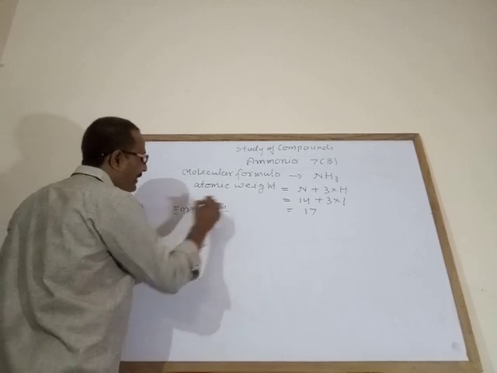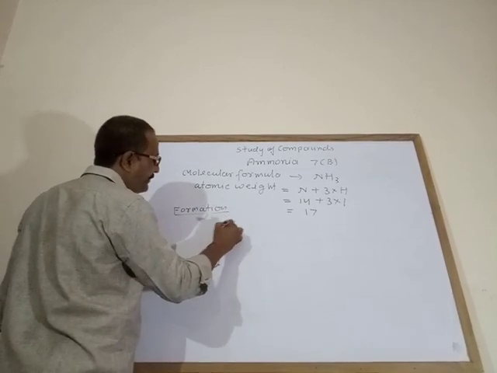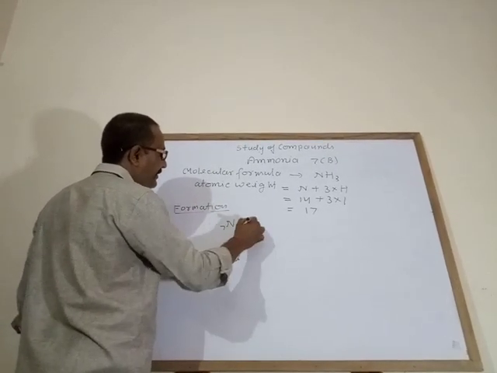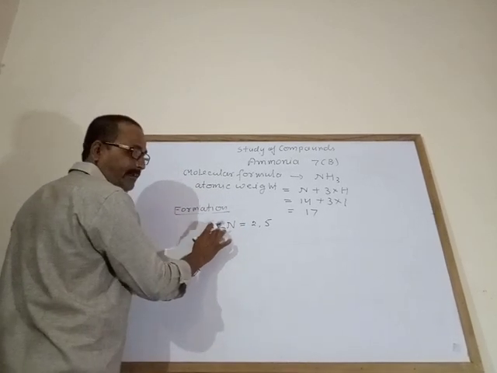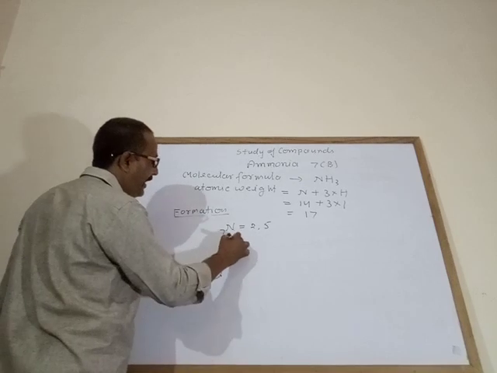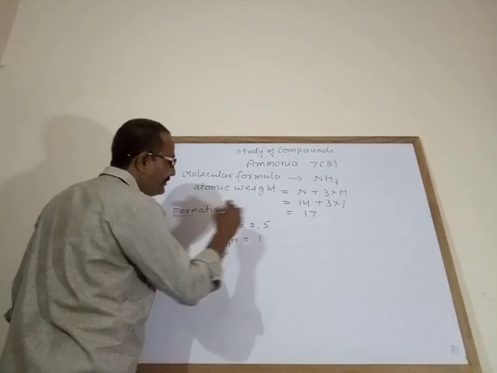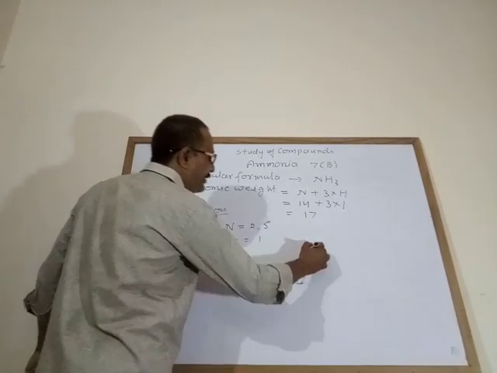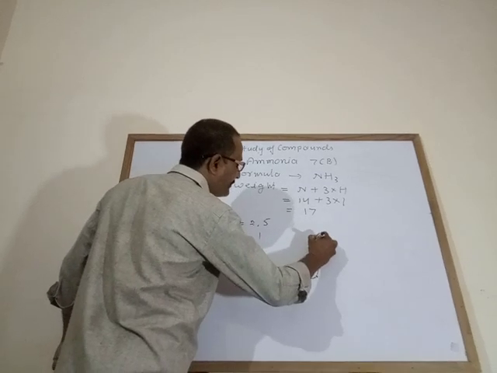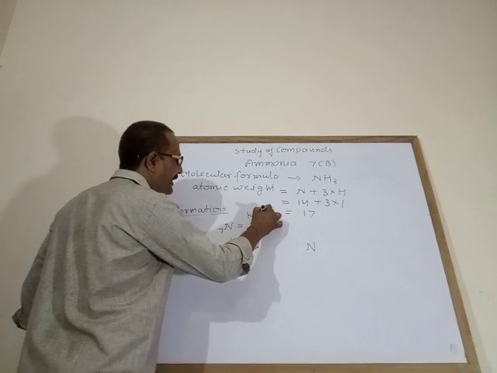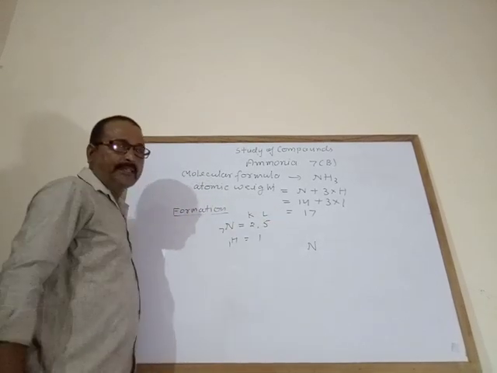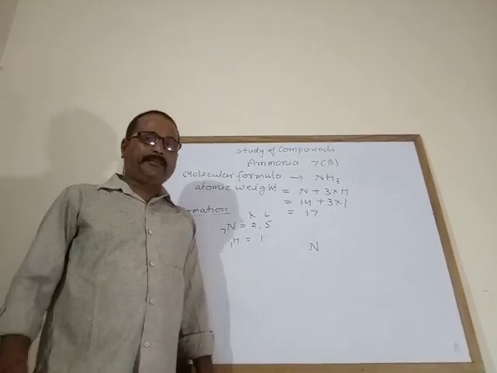Now, formation. You know that the electronic configuration of nitrogen is 2, 5, atomic number is 7, and hydrogen is 1. See that nitrogen has 5 electrons in its outermost shell. What do you mean by electronic configuration?